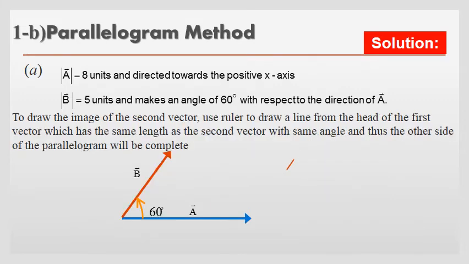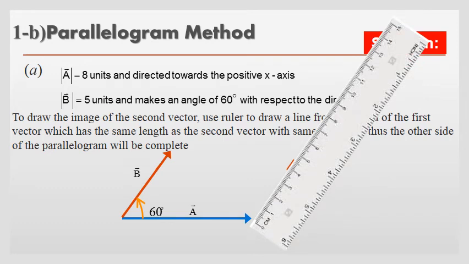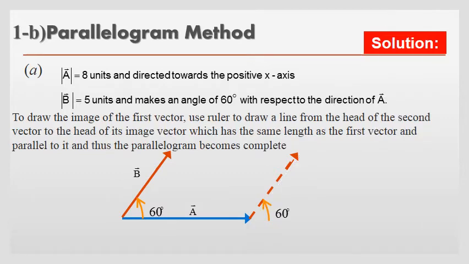And then next, we use the ruler to draw the 5 centimeter line. Now, we'll have an image vector to B with the same angle.